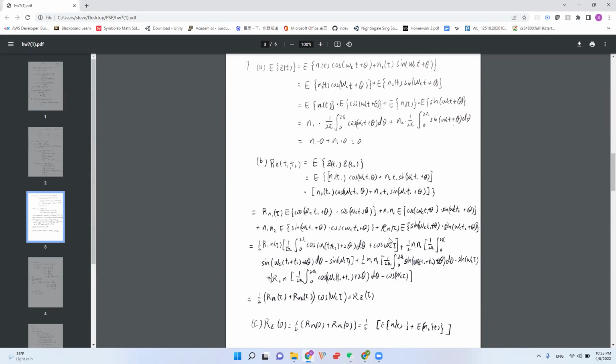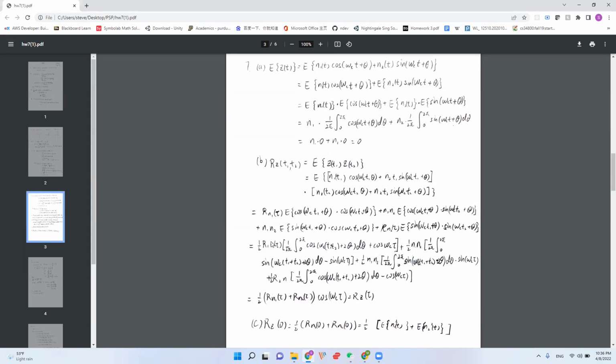For this part and this part, it's really familiar to us. We had that the integration over this part and the integration over this part are equal to 0. So the rest of the terms are just like this.